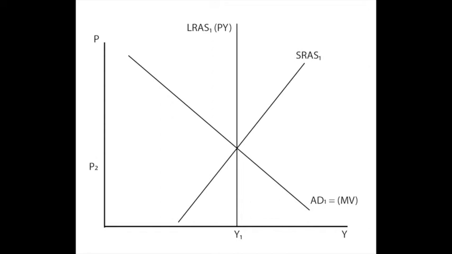You can think of the long run aggregate supply curve as the stock of supply. What is it that we have in terms of capabilities of producing? That's fixed, because at any point in time, we all have a certain number of people and a certain amount of resources. So there's only so much supply that we can produce in a perfect situation.